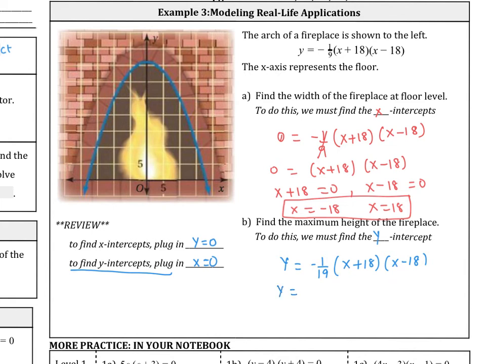So we get negative 1 over 19 times 18 times negative 18. So now we're going to multiply 18 times negative 18. So 1 over 19 remains as it is with the negative sign. 18 times negative 18 is negative 324. Negatives cancel.